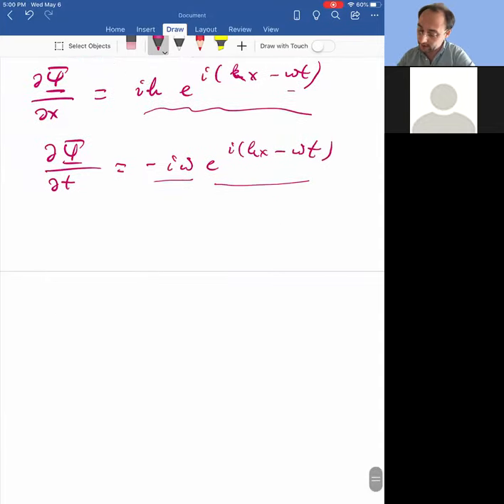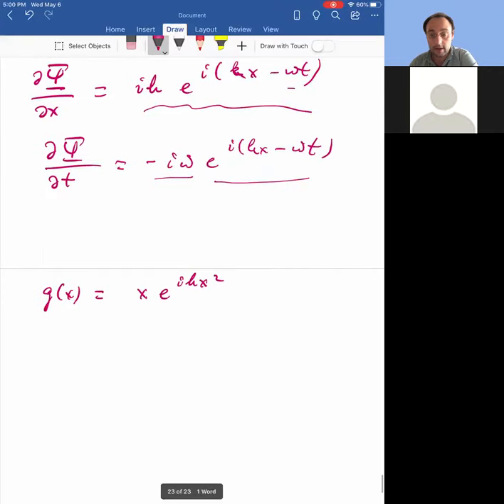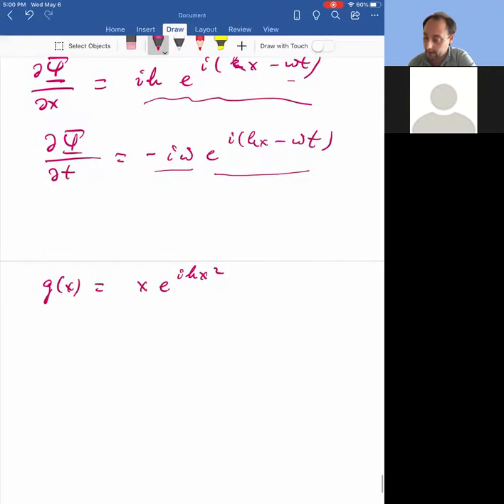And one more thing, let's try g of x equals x e to the i(kx squared). This is something else. Why don't you try it, pause, try it. Now I'm going to try it. By the chain rule, on the one hand, it's e to the i(kx squared) plus x times 2ikx e to the i(kx squared).